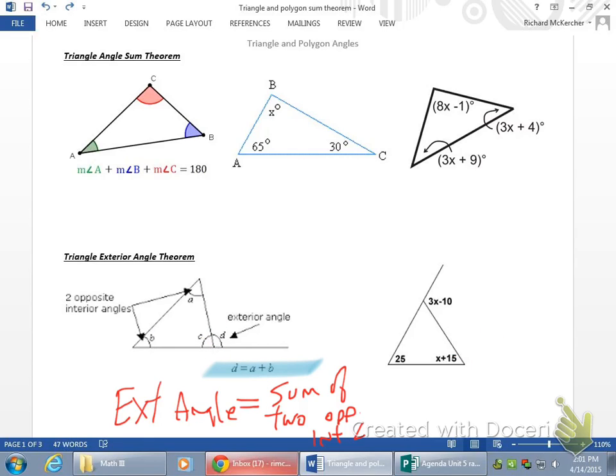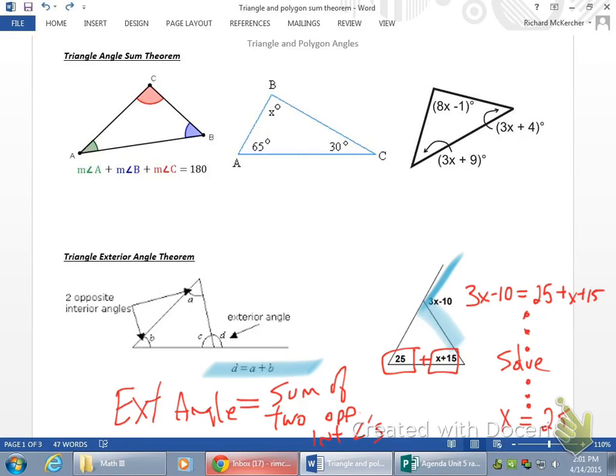Here's what it would look like over here. Okay, the exterior angle, 3x minus 10, is going to be equal to the sum of the two opposite interior angles. Now I'm not going to do the work. You can do the work and find out that x equals 25.